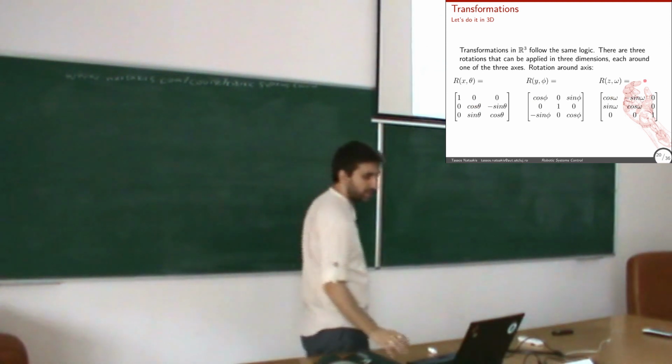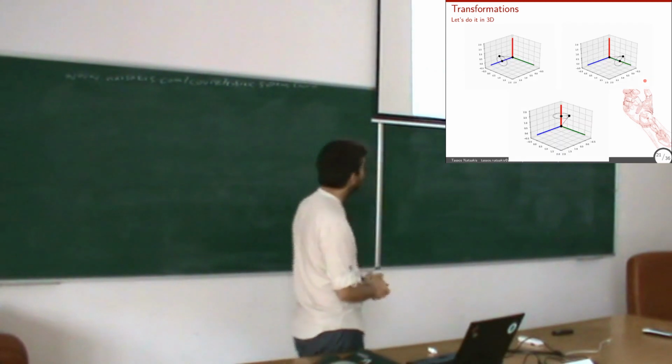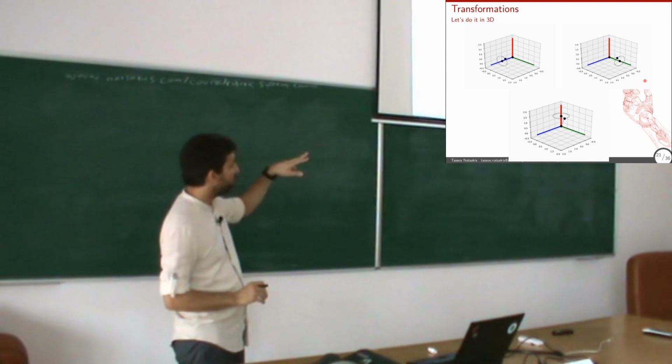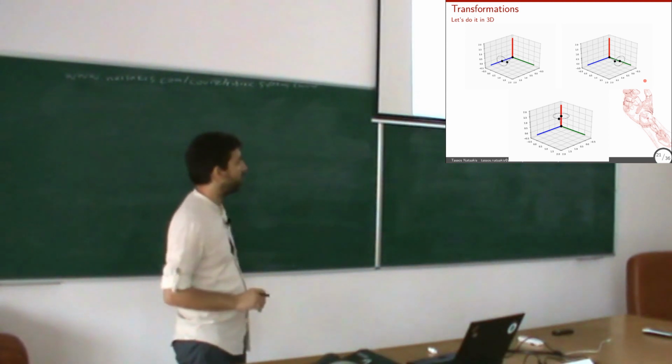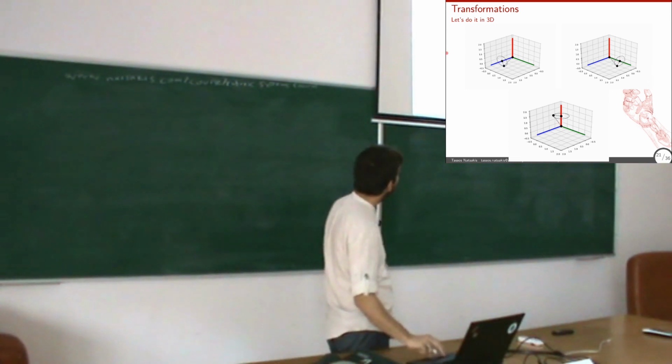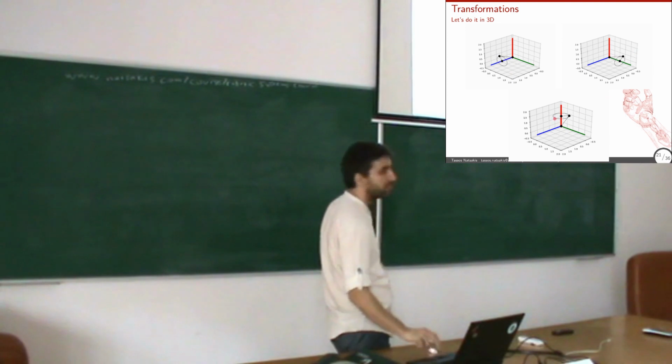How do we visualize rotations in 3D? As I said, x is blue, y is green, z is red. Here you can see a point rotating around the x-axis, here around the y-axis, and here around the z-axis.